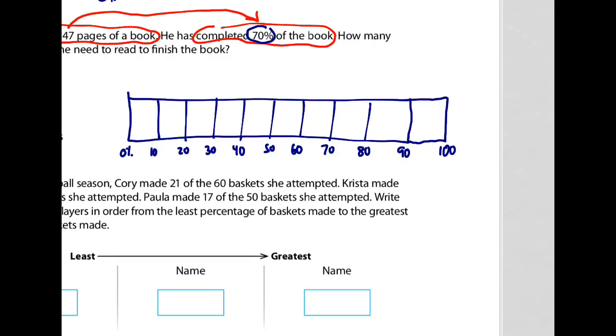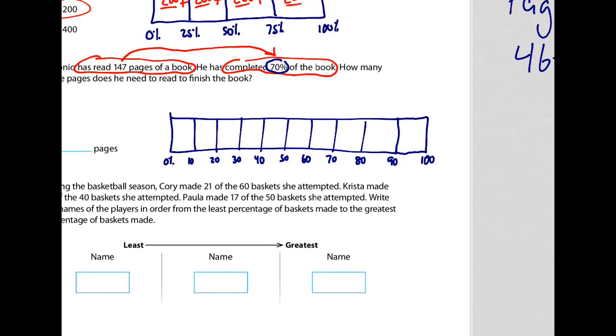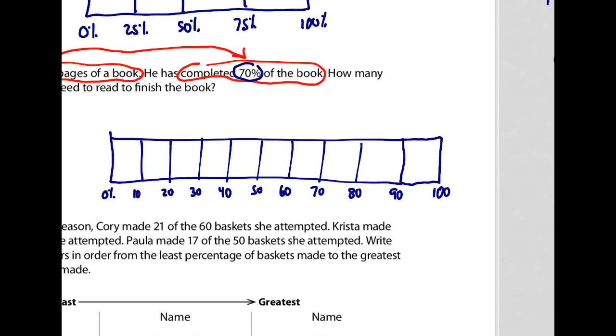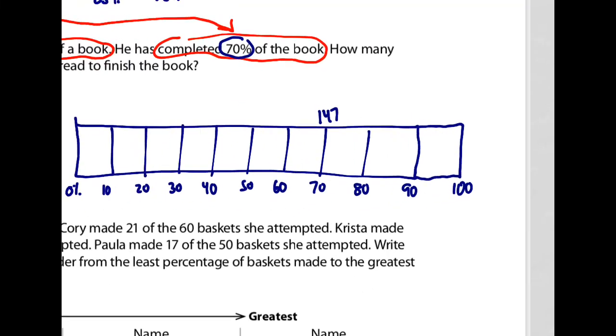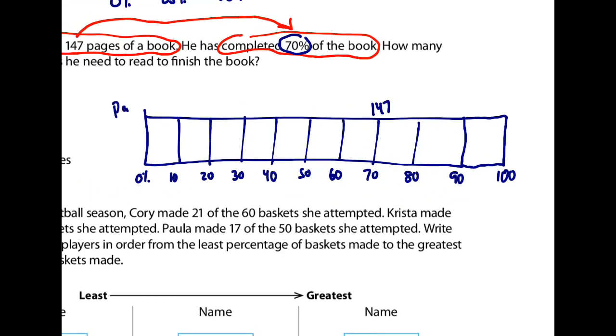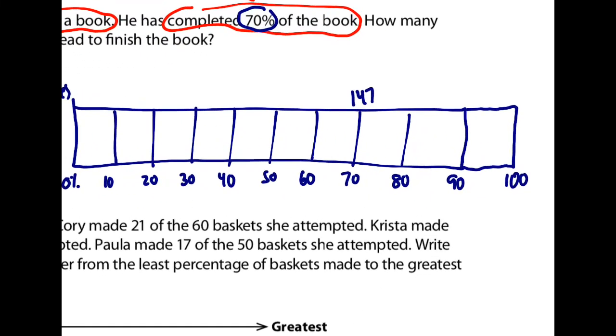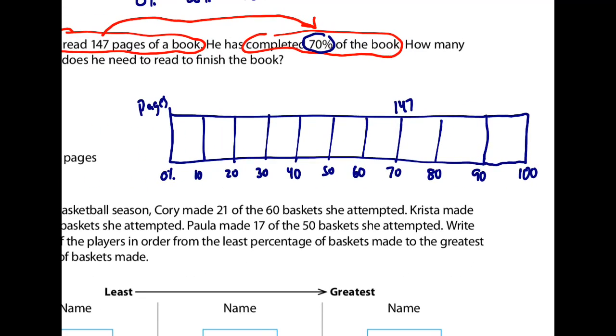Now, it says he read 147 pages. So right here, that 147 pages he read, which the top will be pages, I'll label that, is 70%. So that means I'm going to put a red box around here.